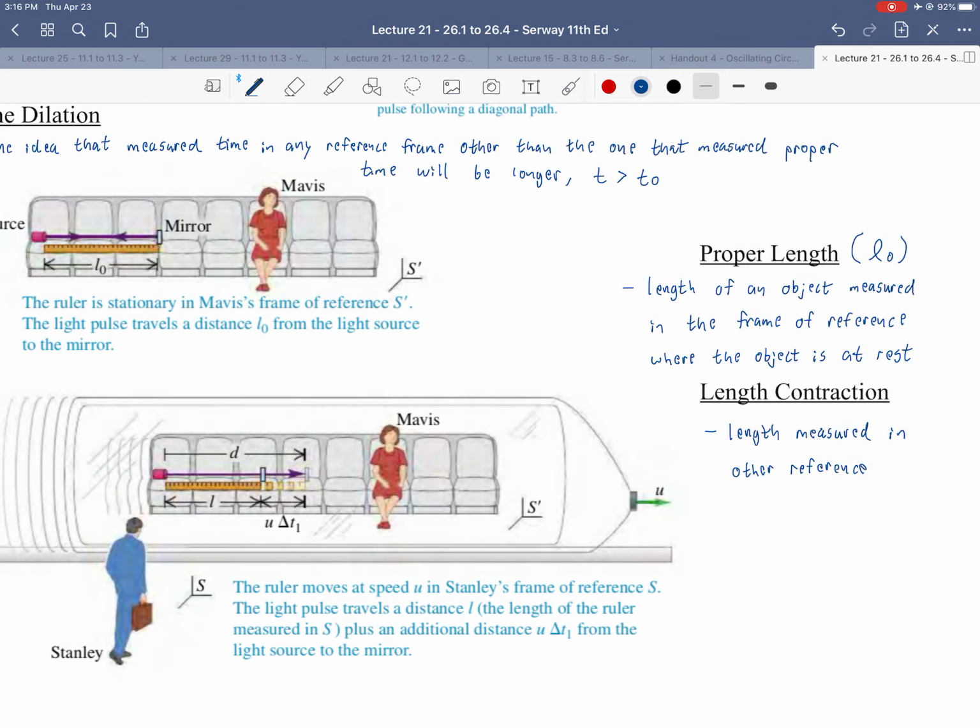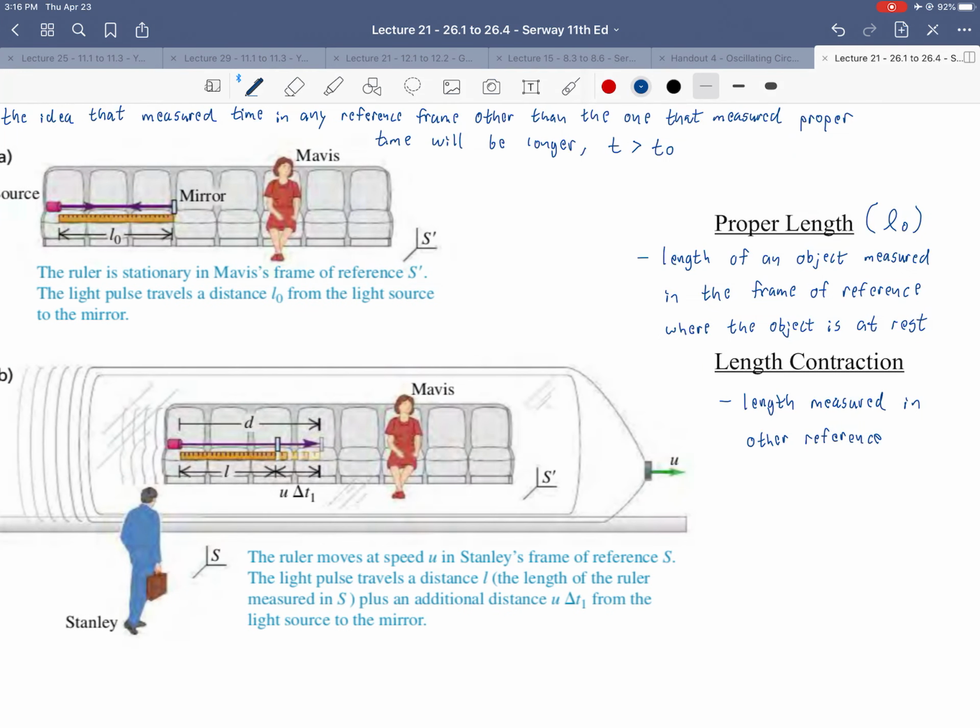And of course, when I say any other reference frame, I mean any reference frame other than the one where the proper length was measured. But I'm going to shorten the sentence to say: length measured in any other reference frame will be less than the proper length.